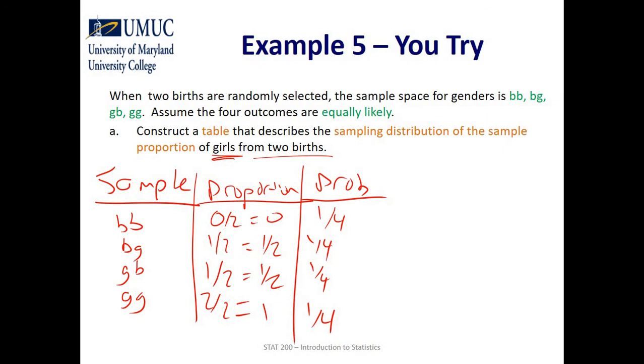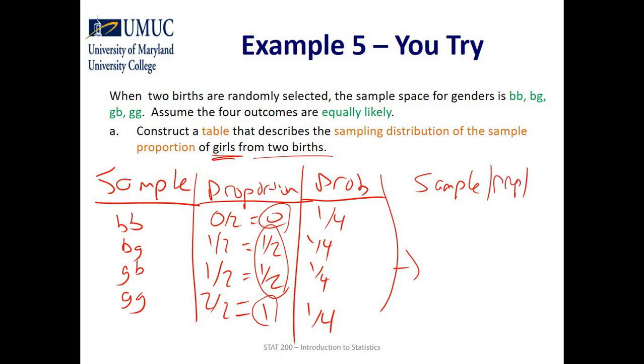We have proportions of 0, 1/2, and 1. So we have 3 possible proportion outcomes. So we use this to convert to a table that's the sample, then the proportion, and then the associated probability.